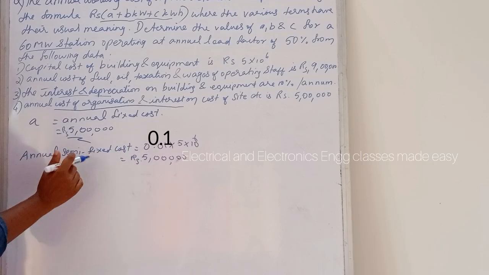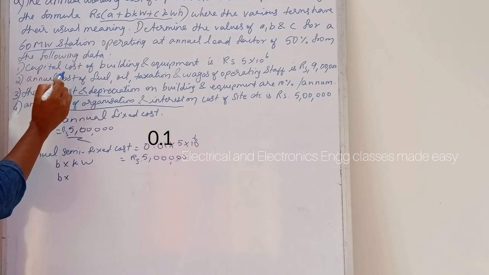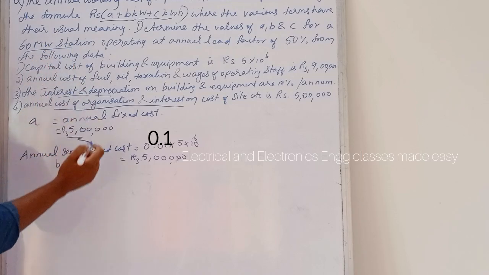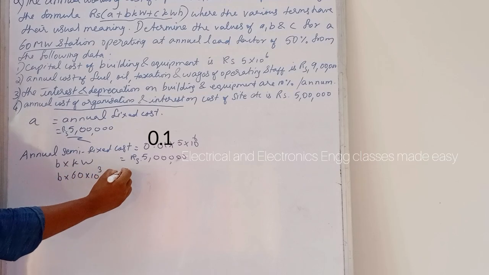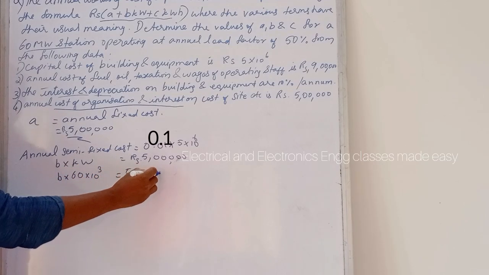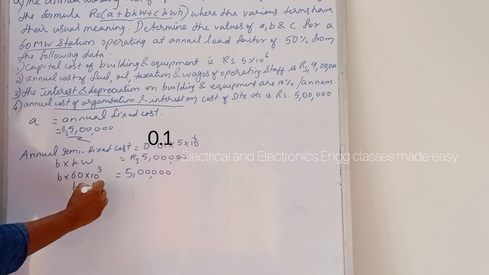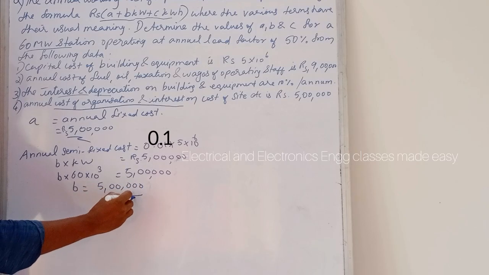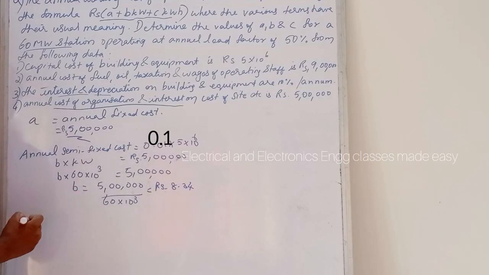It is given that it is a 60 megawatt station, so 60 into 10 raised to 3 is the maximum demand, and that is equal to 5 lakh. So B is equal to 5 lakh divided by 60 into 10 raised to 3, and that is equal to rupees 8.34.